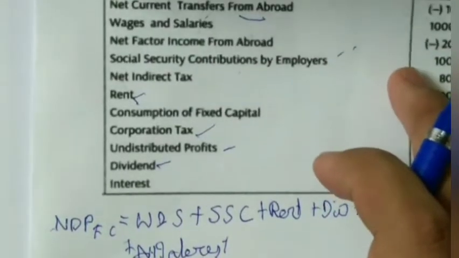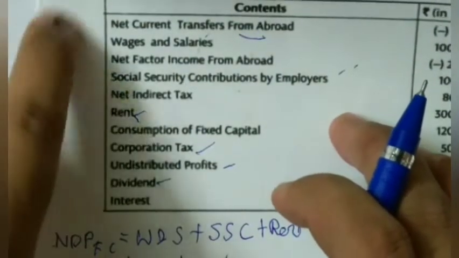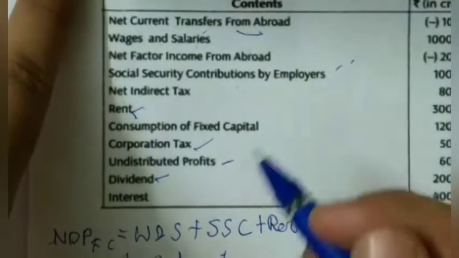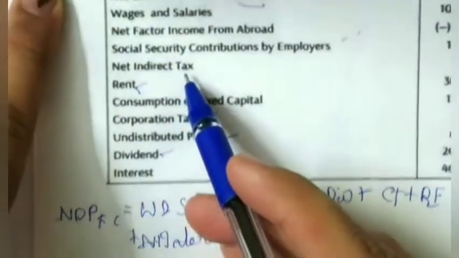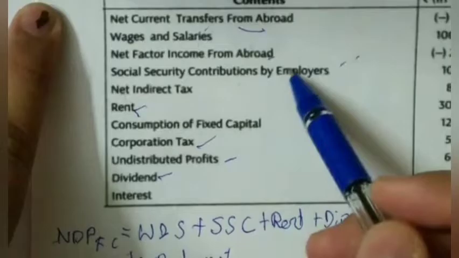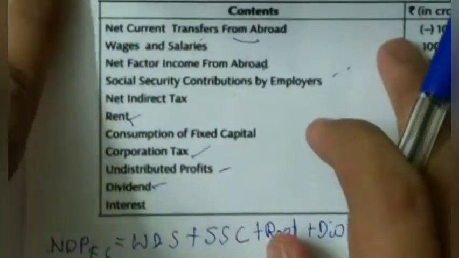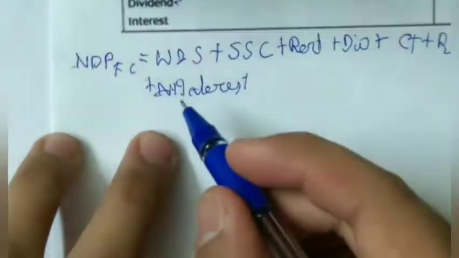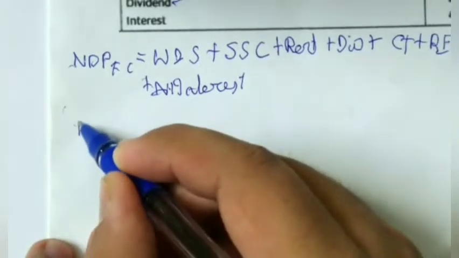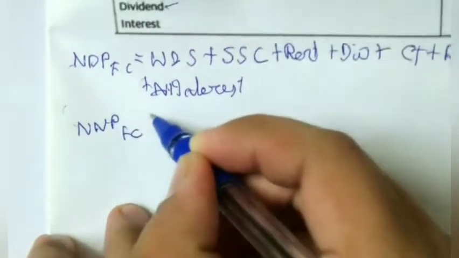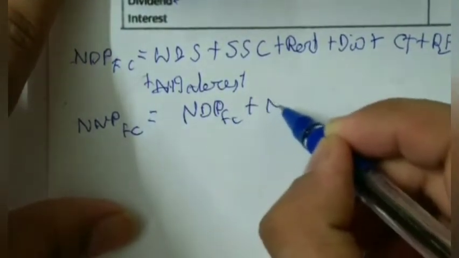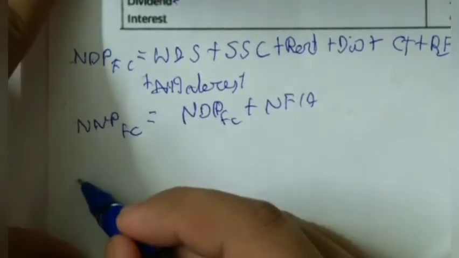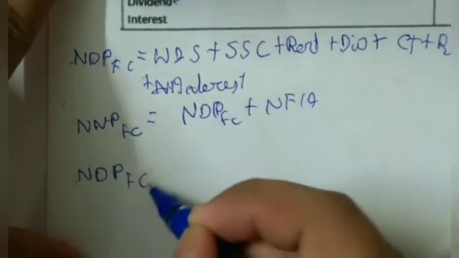Do we have anything about mixed income? No, so we are not writing it here. So this will be NDPFC, and with this we should add NFIA, net factor income from abroad. Now we will concentrate on the figures later. NNPFC is equal to NDPFC plus NFIA.